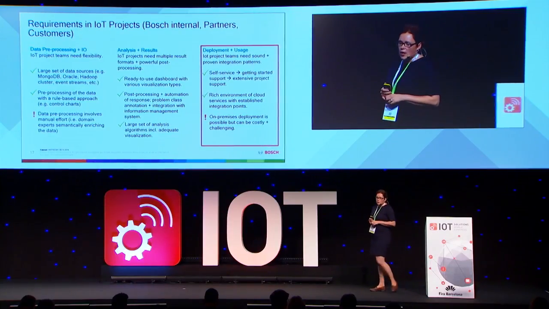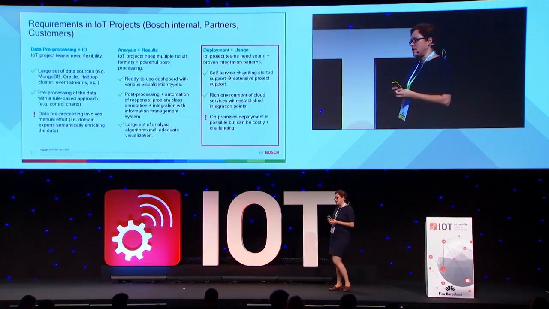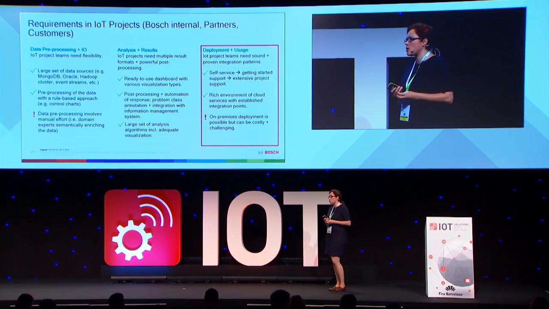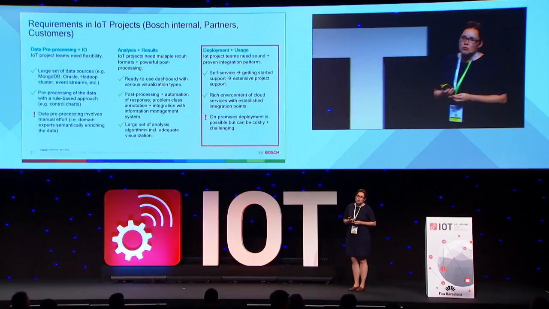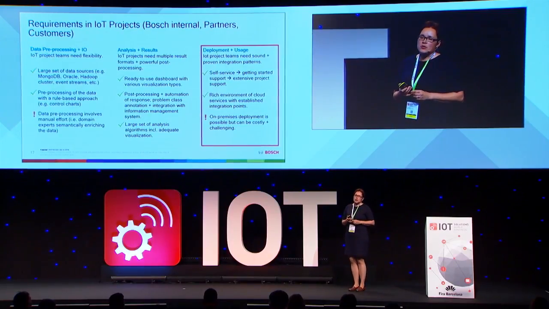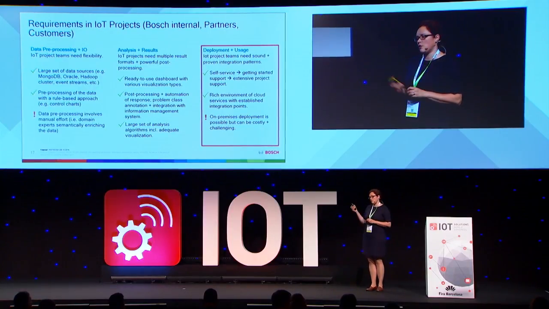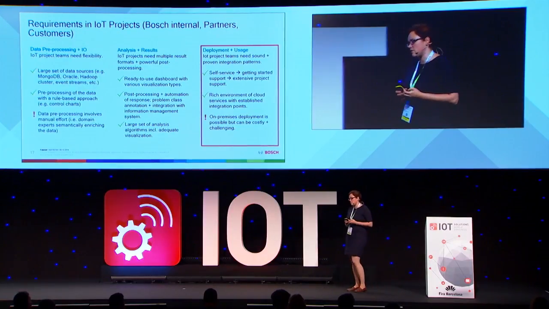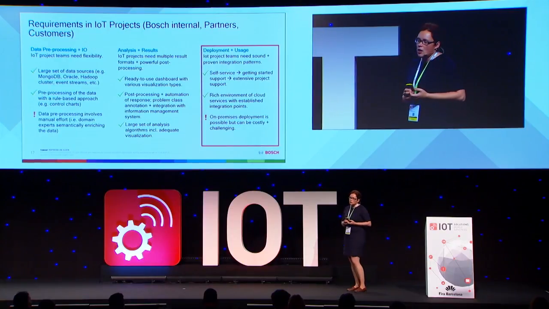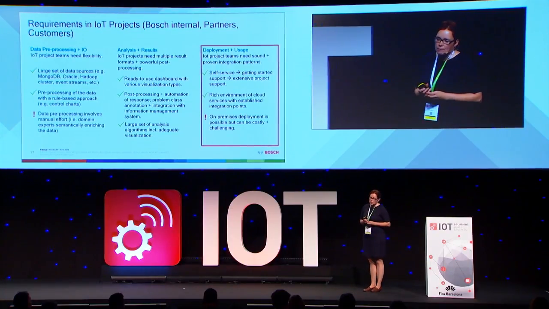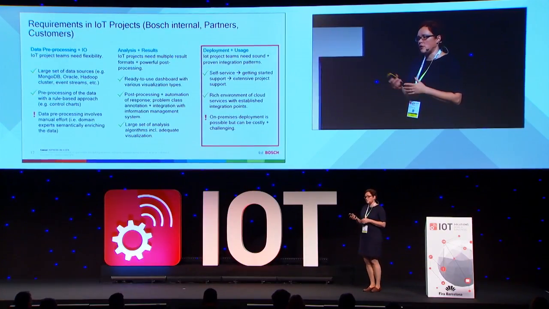What we also found was that we cannot really predict what environment and what other cloud services IoT projects need in order to really make sense out of the results that the analysis gives. Therefore, a rich environment regarding integration points and other services is needed.